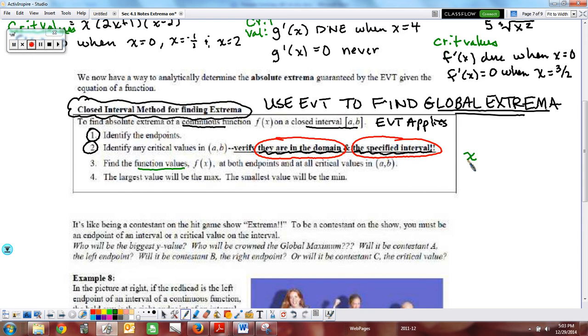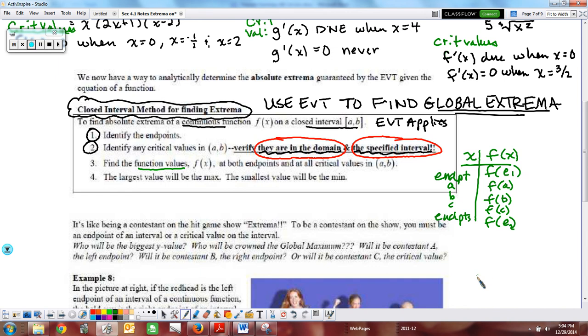We're just going to make a little chart where we go x and then f of x. You're going to do your endpoints here, and then you're going to do your critical values, however many you have, and just find the y values, whatever they are. Okay? So we would have f of a, find f of b, find f of c using your formula, find f of this endpoint, and f of, we'll say endpoint 1 and endpoint 2.